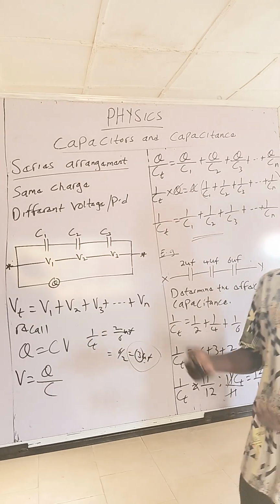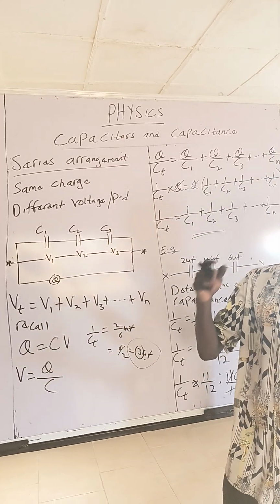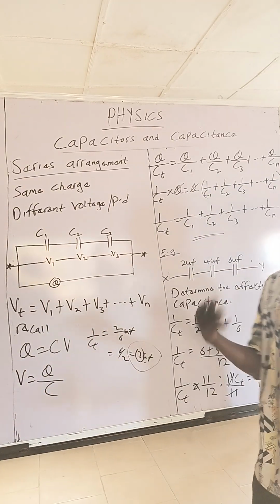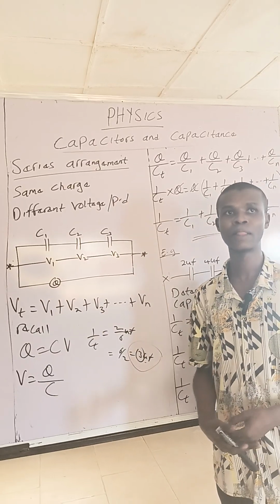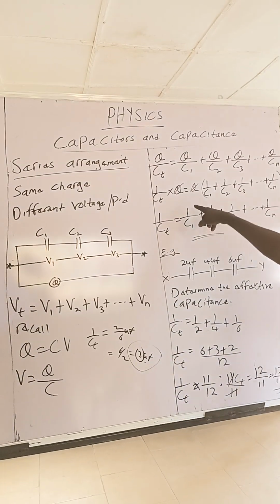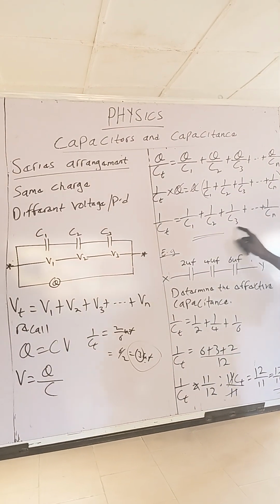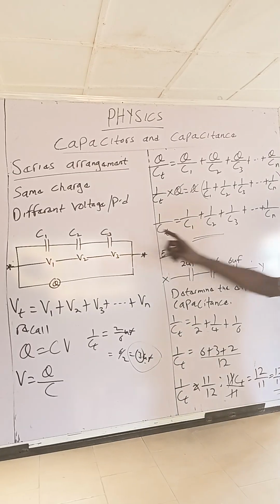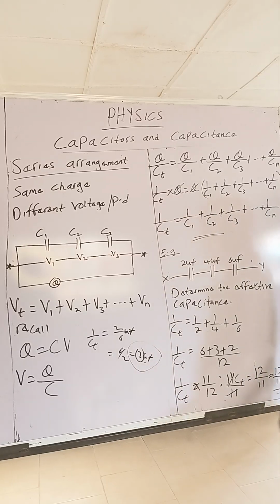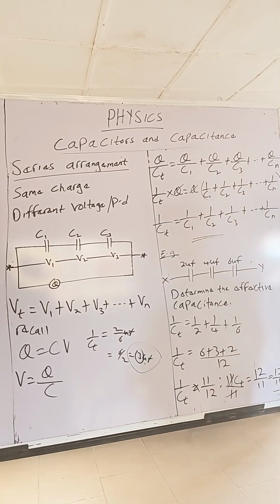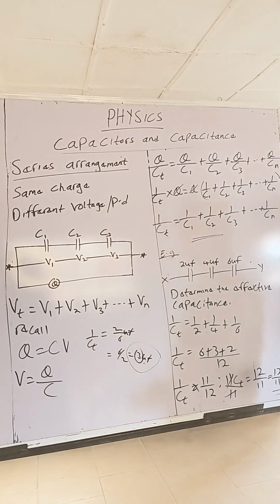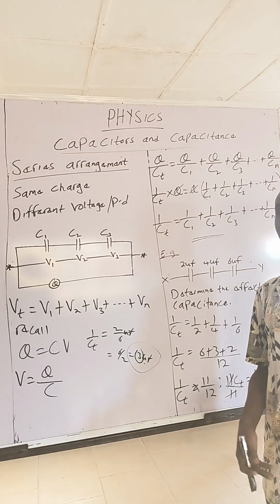C total equals C1 plus C2 plus C3, and so on if more than 3. But if you have it in series, we have 1 over C total equals 1 over C1 plus 1 over C2 plus 1 over C3 up to 1 over Cn. So in series, they have the same charge but different voltage. So at this stage, I think we should be able to solve any question regarding capacitors in series arrangement or parallel arrangement.